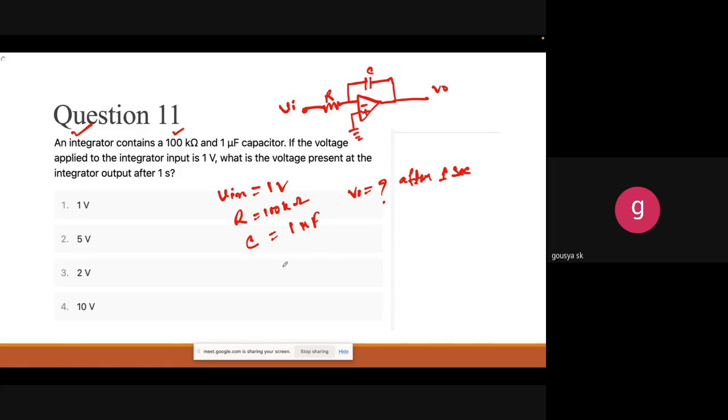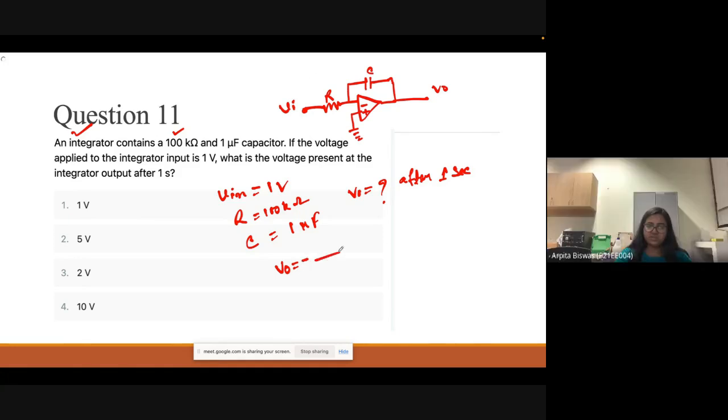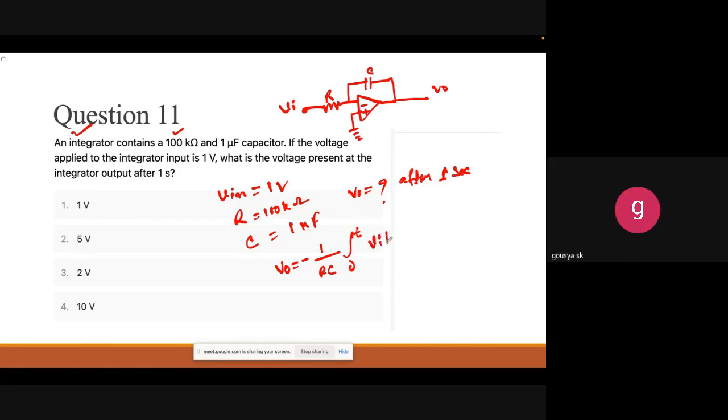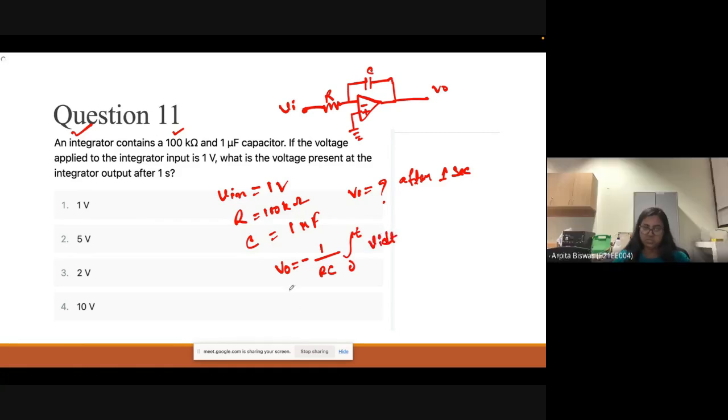For an integrator, the formula for output voltage is V naught equal to 1 by RC integral of the input signal. Yes, actually there is a minus sign there. You can see carefully: minus 1 by RC, integration from 0 to T of V input dt. Yes, good.